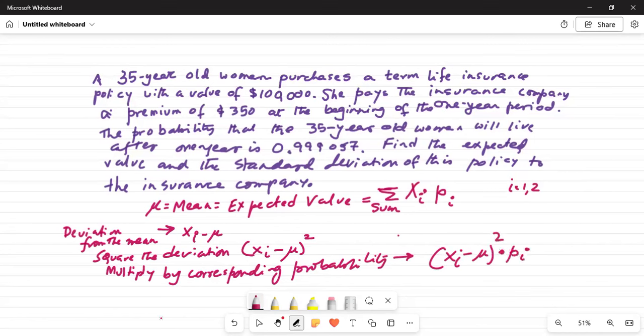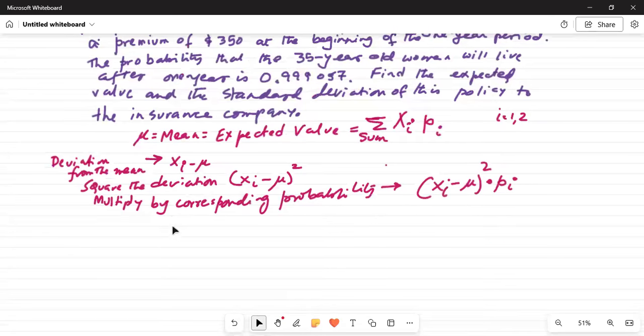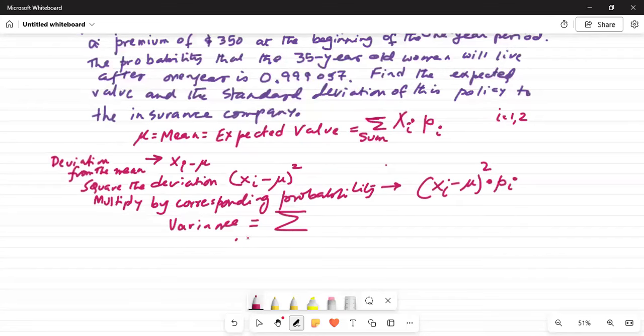Then let me create some space to find variance. You add these terms. So sum, again, this is sum. This is also called sigma or sum.